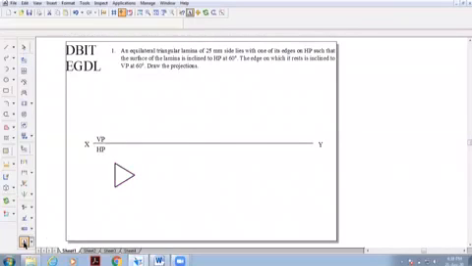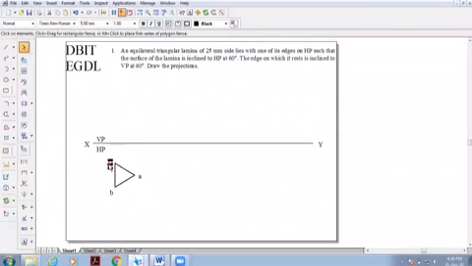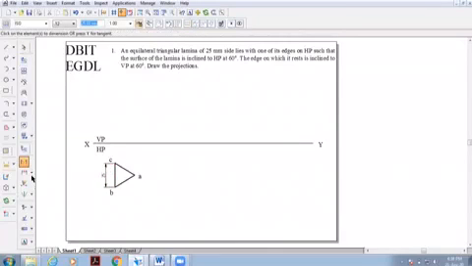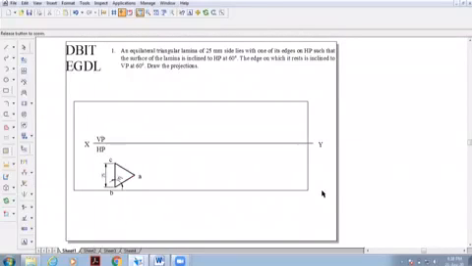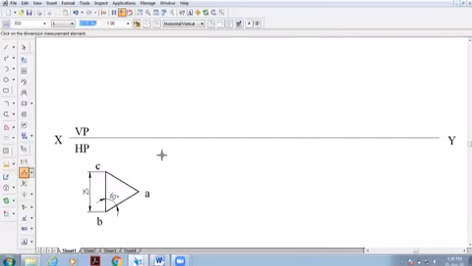So then come to text command, show the corners A, B and C. So now this triangle is resting on one of its edge, that is BC. So now I'm going to give its edge length and the angle. So this is the top view of the triangle.